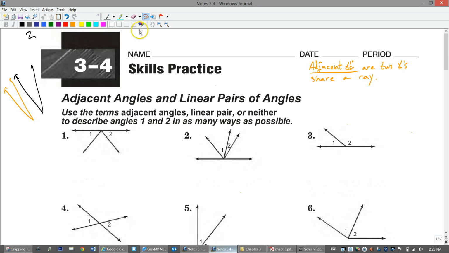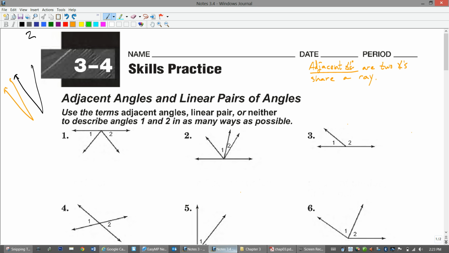The rays would have to overlap and coincide with each other, so one ray is right on top of the other. Does that make sense? Those are adjacent angles. Not that. Those are not adjacent angles in terms of geometry. They're next to each other, but not officially adjacent angles. Okay? All right.